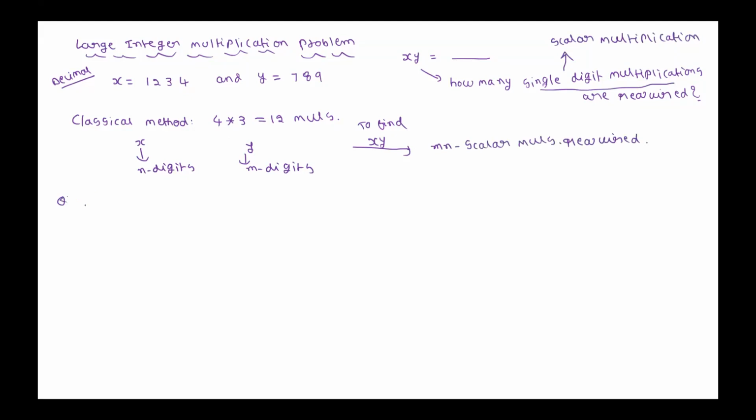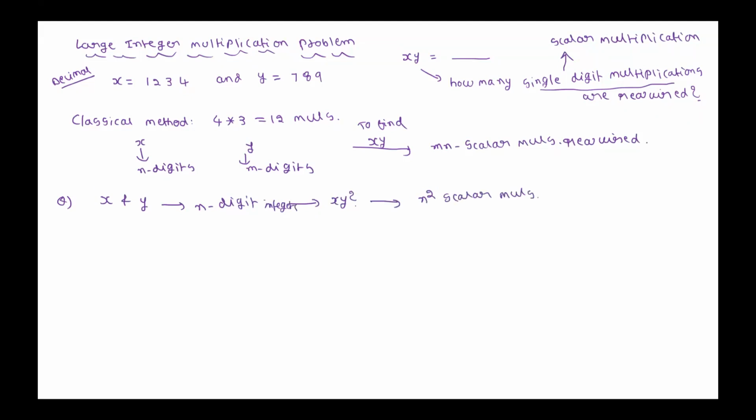If both x and y are n digit integers, then how many multiplications are required to find xy? N square scalar multiplications.